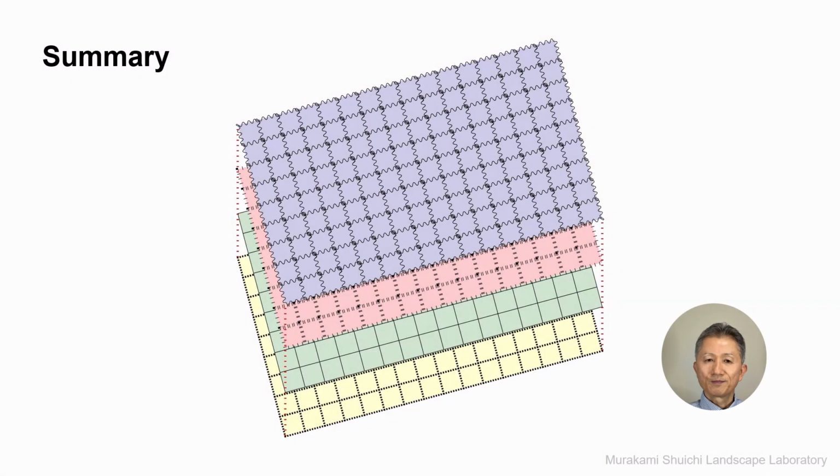In this episode, we learned basics of designing grounds as multiple layers. The key points are that multiple clearly distinct kinds of ground coexist and that grounds of the same kind appear at the same level at regular intervals.